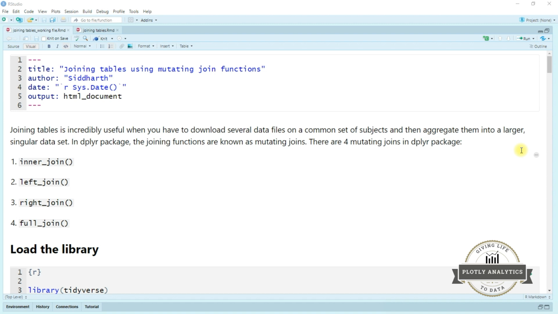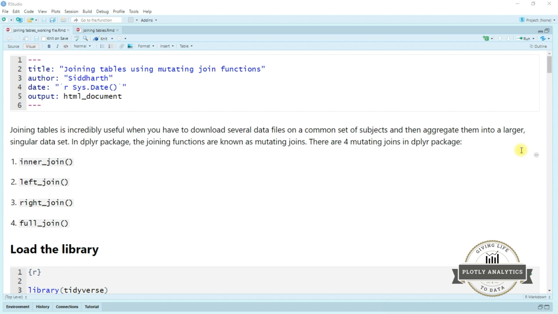The Dplyr package has 4 functions, commonly called mutating joins, that combine the tables together. We are going to see all those functions, but since there is a lot to cover, I don't want you to get overwhelmed with so much information in this video itself.